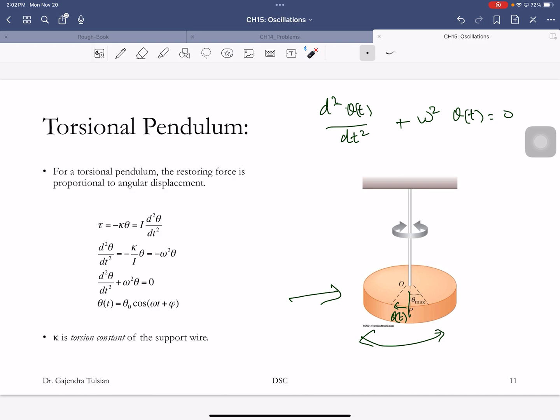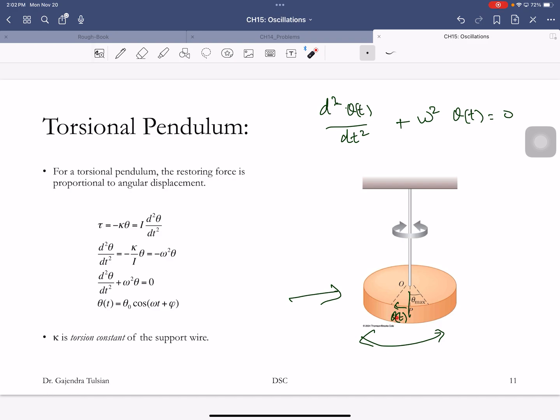And it turns out that again, if there's no friction, the friction will be when the wire twists. If that twist is heating up the wire, then there's friction and you lose energy. But if there's no friction, this will oscillate forever.